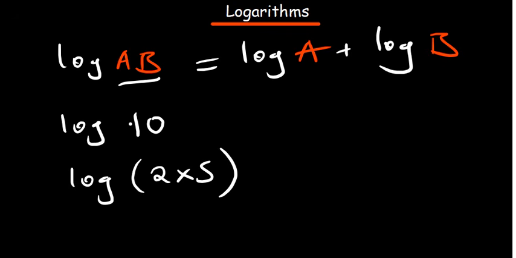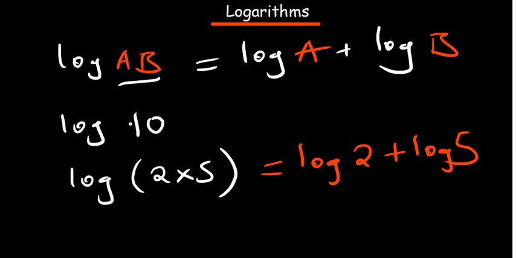So therefore we can say that that is equal to log 2 plus log 5. If you get your calculator and say log 10, and then log 2 plus log 5, you should be able to get the same value, which is supposed to be 1, if I'm not mistaken. So that is the first law of logarithms: whenever you have a product, the sum comes out.